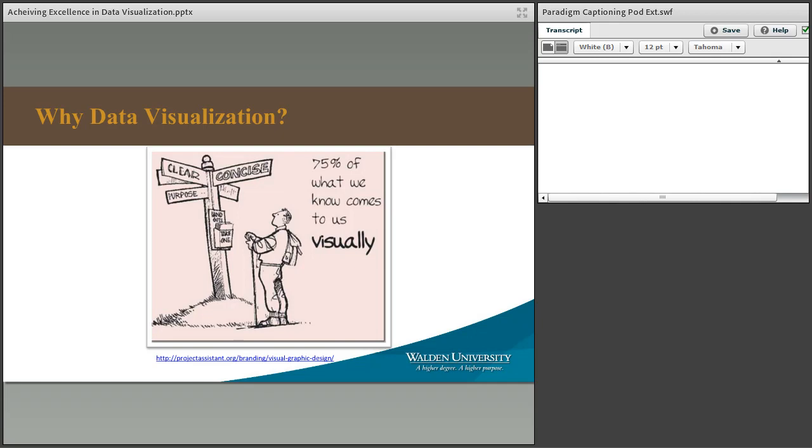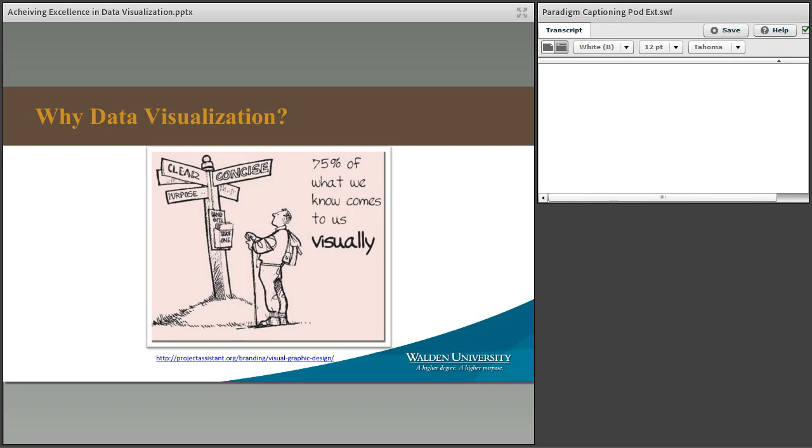Being good academics, one of the first questions we have to answer is the why question. Why would we be interested in data visualization? I think there are two very important reasons. One is with the increased amount of information and data that we're able to acquire through the internet and other sources, and the ability to store and analyze that data with modern computing power, it's becoming more and more important to be able to present our results to our audience in a meaningful and interesting way.